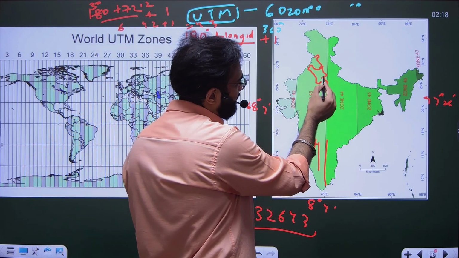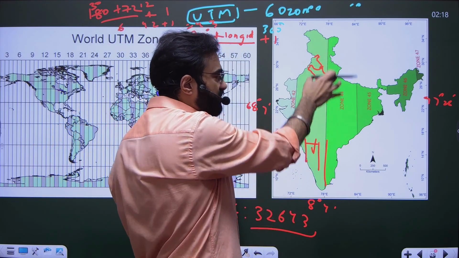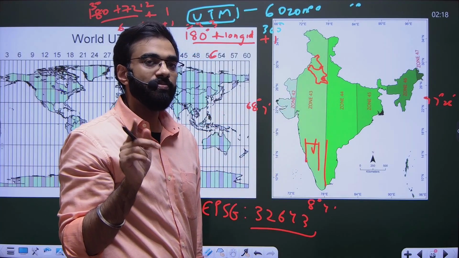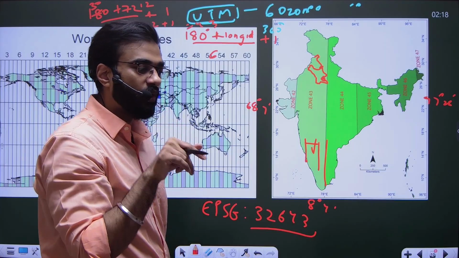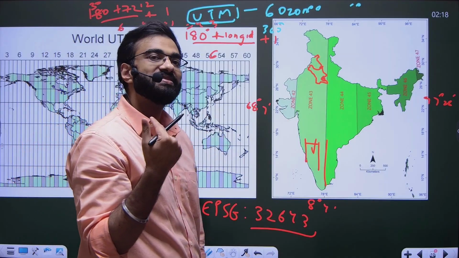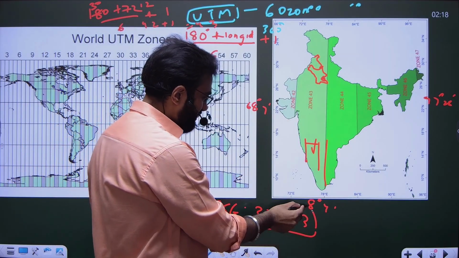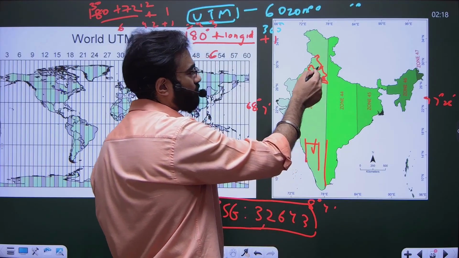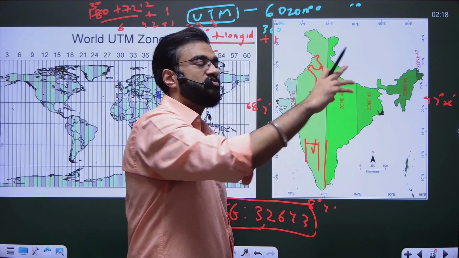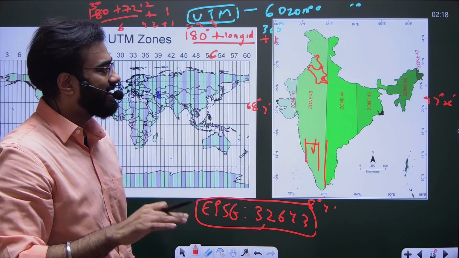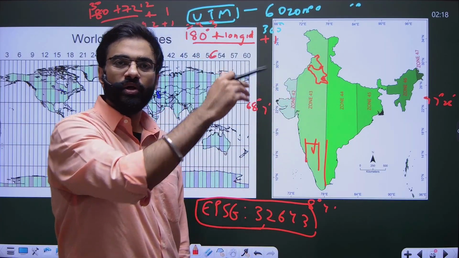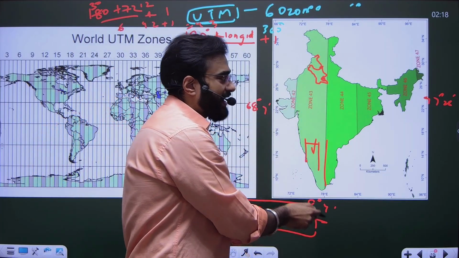Here you can see that Delhi and Haryana mostly lie in UTM zone 43. So when I save or reproject that file, when I convert it from the geographic latitude and longitude reference system to x and y coordinates, I tell it, boss, this is the system on which you have to project. Then whenever I perform operations like buffer, clipping, analysis, calculating area, perimeter, locations, distance, road network, it will become accurate.